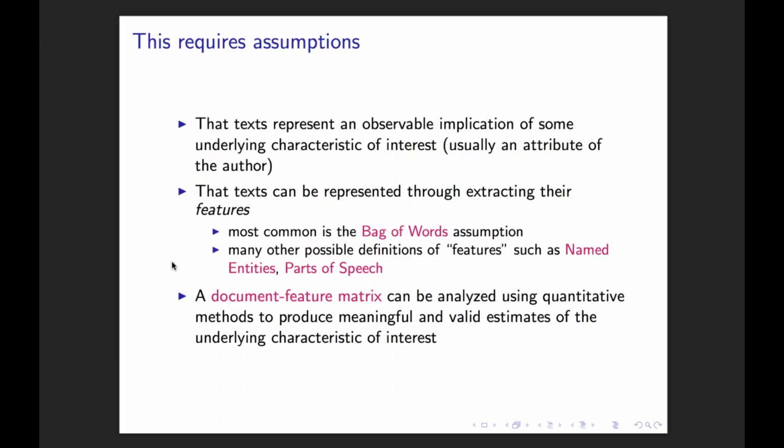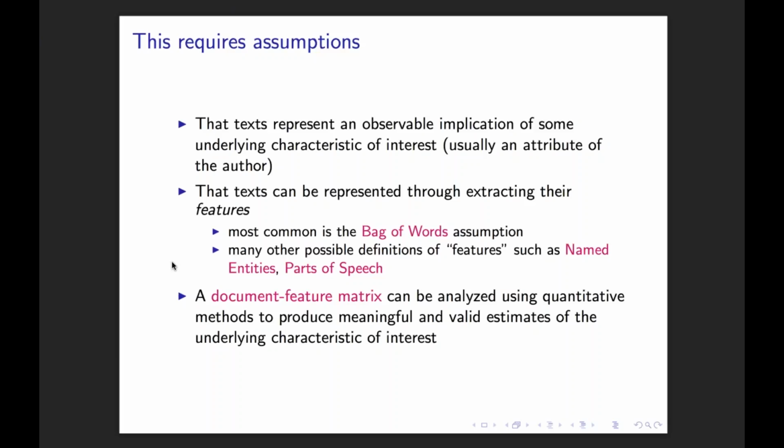So there's a number of different ways we can think about features, but generally speaking in this class and in the classes moving forward, the most common way that we're going to process or structure text has to do with the number of times that certain words are used. And as I showed you visually in the previous slide, all of these words and the count of these words can then be organized or structured into what's called a document feature matrix.